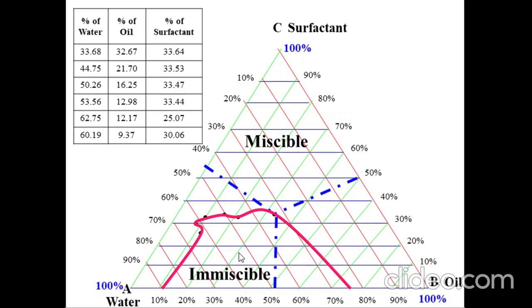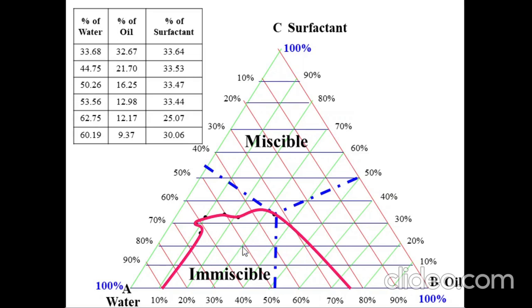In this example, it is oil, water and surfactant. Suppose if your biomolecule is in water system, you want to extract it in oil system, then probably you can choose any of the possible combinations.